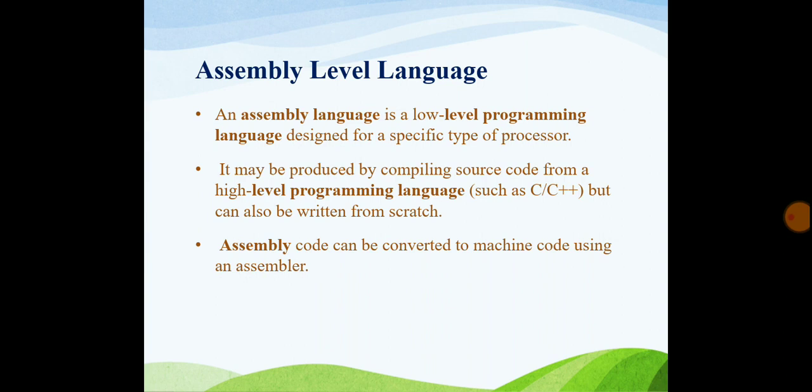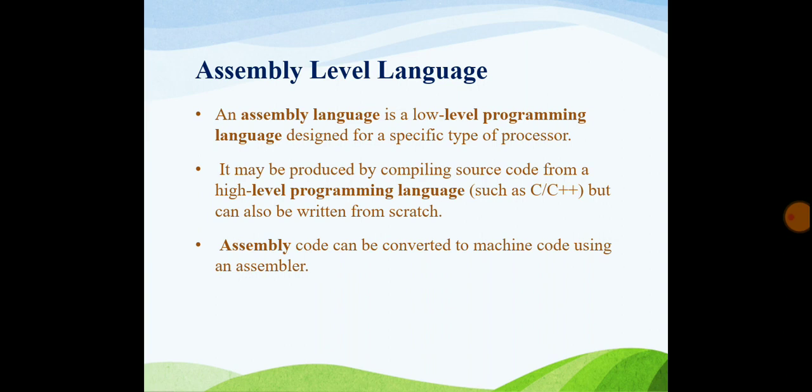So the numbers 5 and 6 to be added are transferred to bits 0 and 1. In the assembly level language, mnemonic codes are used, and the programmer could write ADD 5 6, to add 5 and 6. So a lot of mnemonic or symbolic codes were used, and the programmer could write the program in this way.